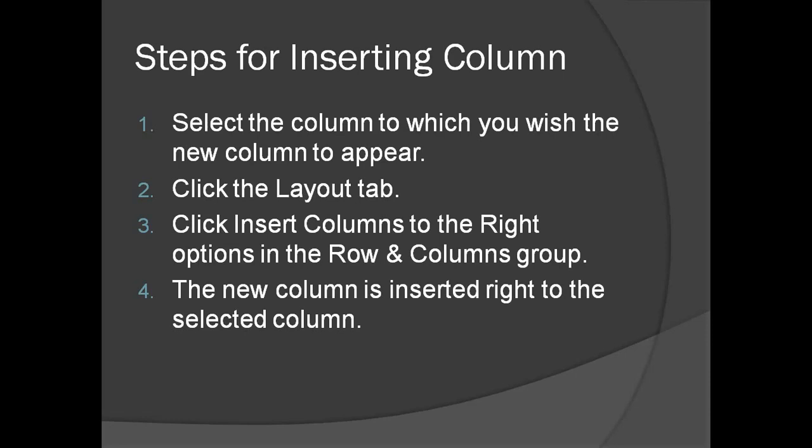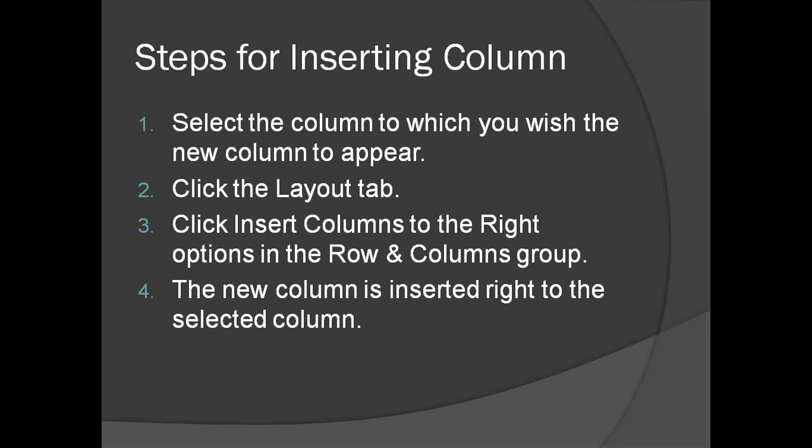Step 3. Click the Insert Right option in the Rows and Columns group. Step 4. The new column is inserted to the right of the selected column. These are the steps for inserting a column in a table.